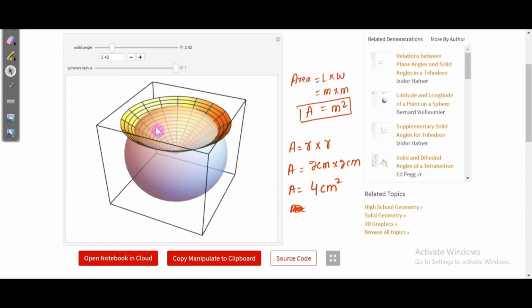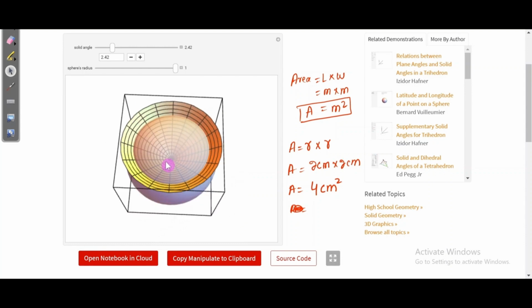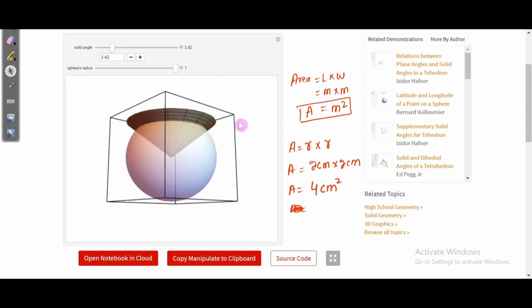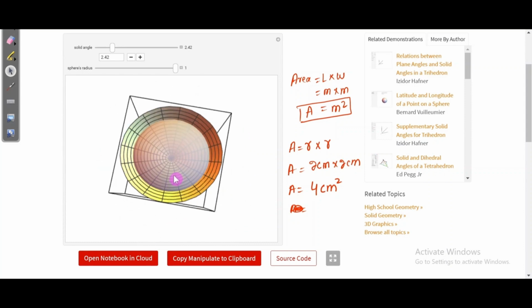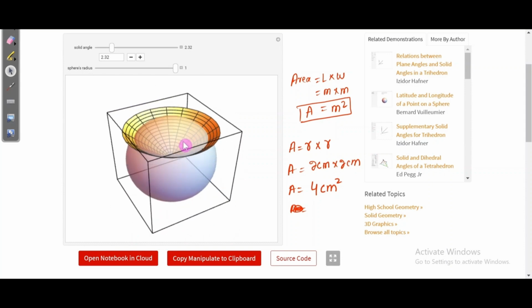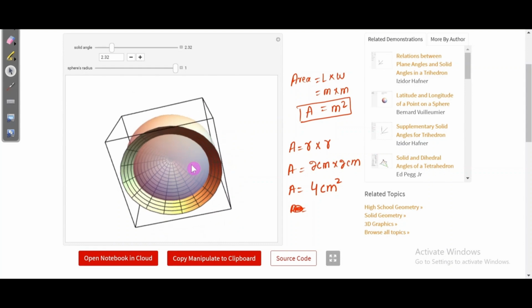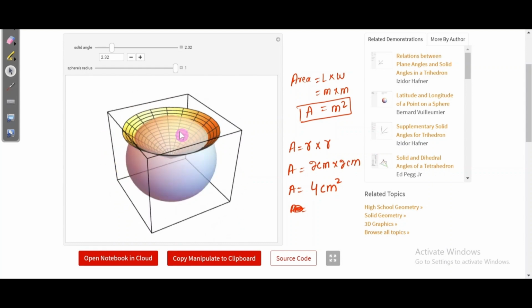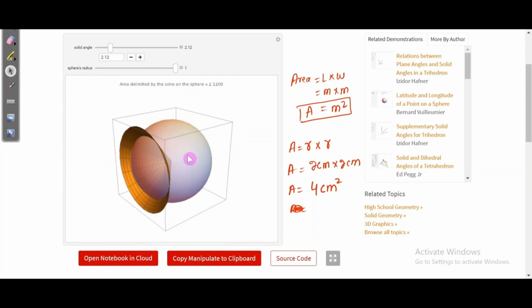In this case, it will also make some 3D angle at the center, and that angle is called 2 steradian.